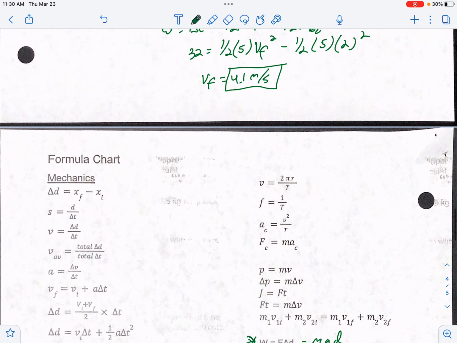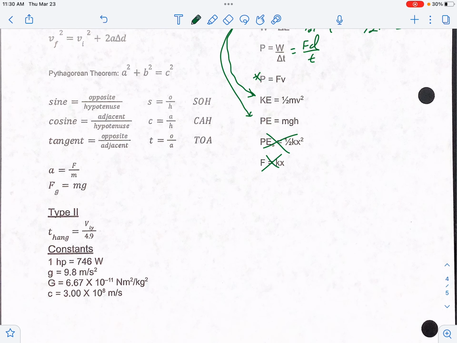Okay, now what I actually want to do is talk about some conceptual stuff, because I know a lot of students do great on the actual math part, and then it's the conceptual multiple choice stuff that gets you. So I want to talk about some of those things. Okay, so there's some things that we can ask. So one, when we start talking about manipulating equations, say kinetic energy equals 1/2 mass times velocity squared.